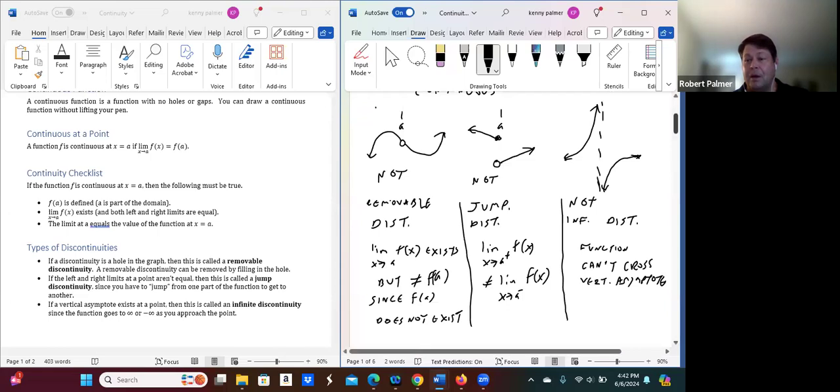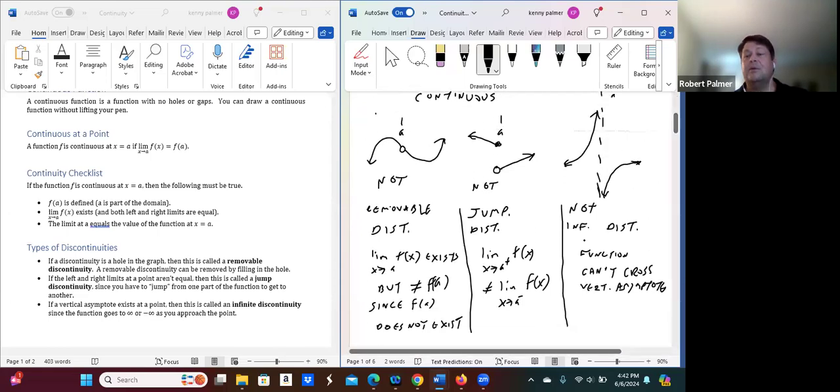Anytime you have an asymptote, the function can't be continuous anyway. Okay, so it fails because in this case the limits go to infinity and negative infinity. But if they both went to infinity or both went to negative infinity, it still would be continuous.